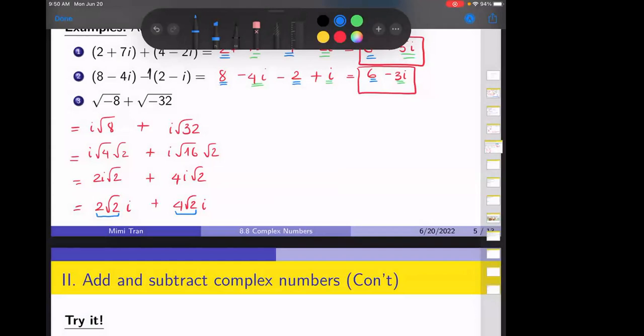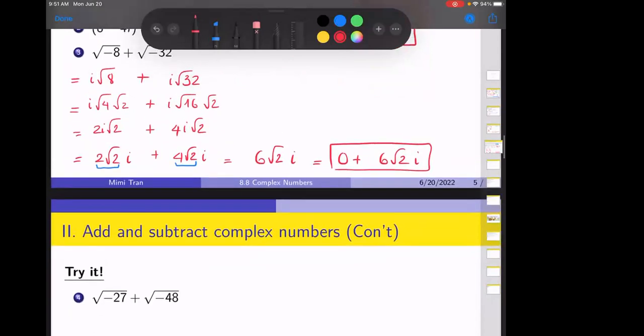So it's gonna be 6 root 2 times i, and then in standard form, 0 plus 6 root 2 times i. Right. They're not difficult. As long as you follow step by step, you should be okay. You guys try number 4. It's very much like number 3.